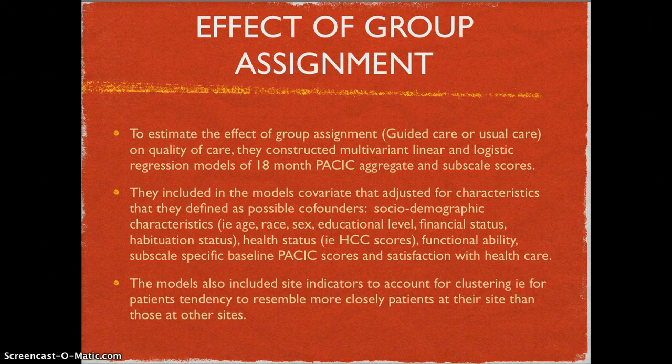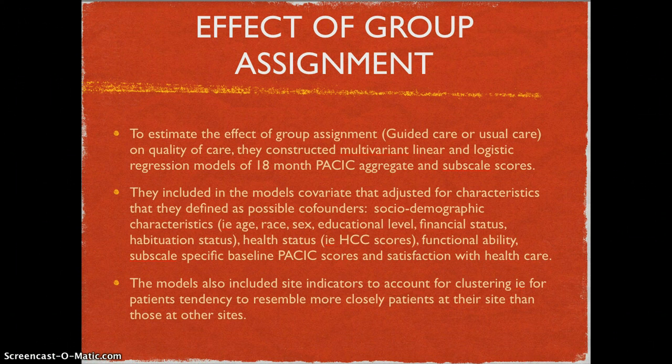They also included in the model covariates that adjusted for characteristics that they defined as possible confounders: socio-demographic characteristics, age, race, sex, educational level, financial status, their health status, functional ability, the subscale on the PACIC scores, and satisfaction with health care.